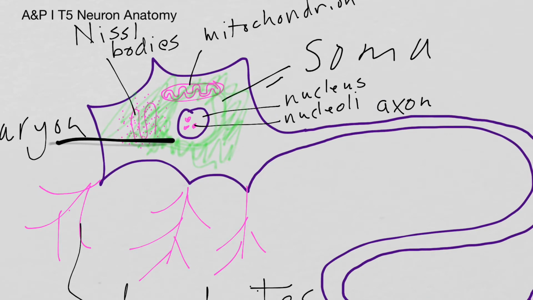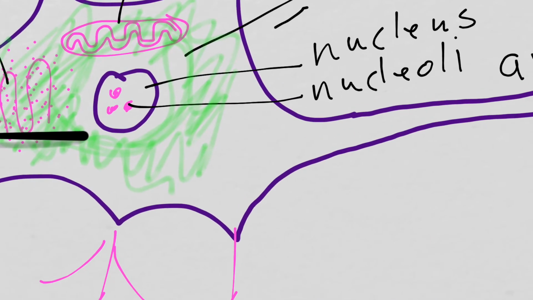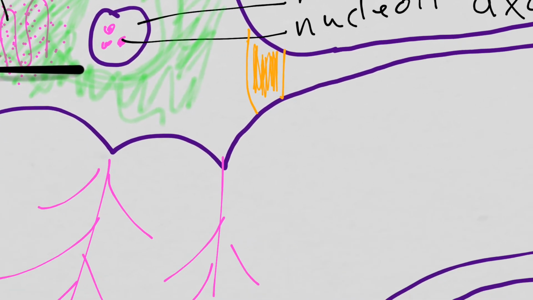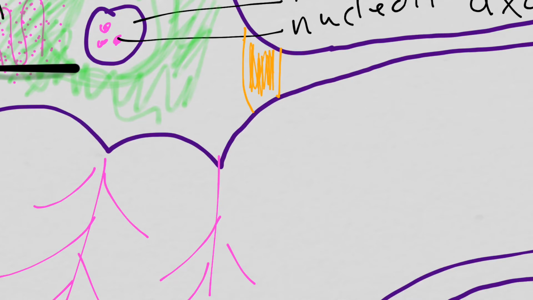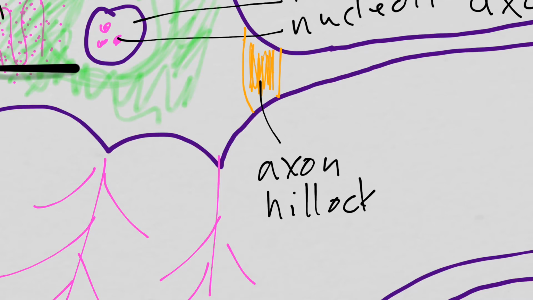And then we need, let's make this one orange. We haven't done orange yet. Okay, we can call that orange. So this area here is the axon hillock, H-I-L-L-O-C-K.